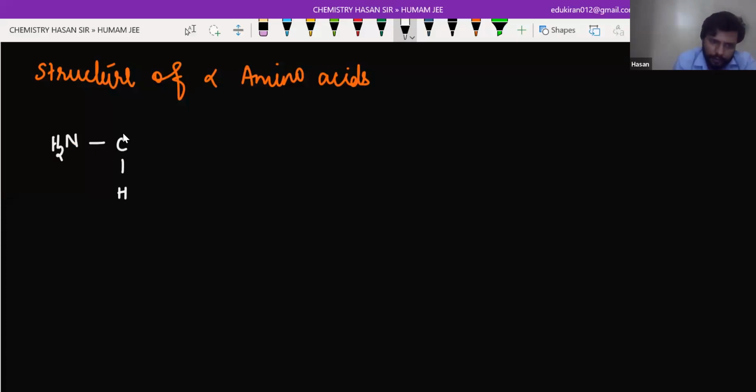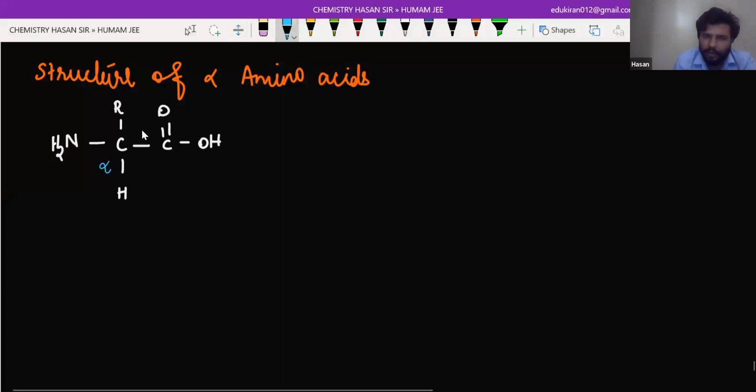This is your hydrogen, and this R we will be changing. This is your C double O. You can see that this is your alpha, so that's why it is all alpha. It is alpha amino, simple, because NH2 is connected with the alpha carbon.